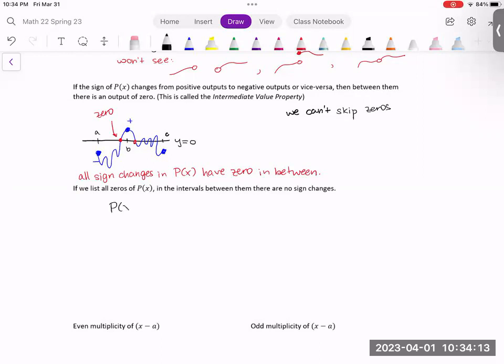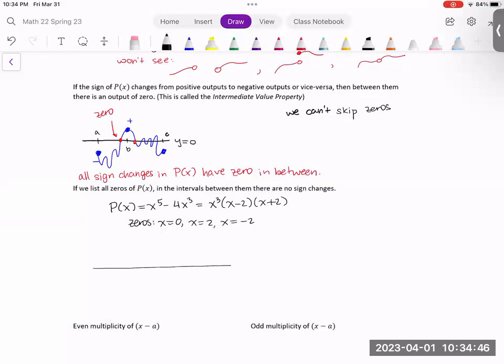So we had been looking at this example, p of x equals x to the fifth minus 4x cubed. We rewrote this as x cubed times x minus 2 times x plus 2. And we found 3 zeros. The zeros we found were x equals 0, x equals 2, x equals negative 2.